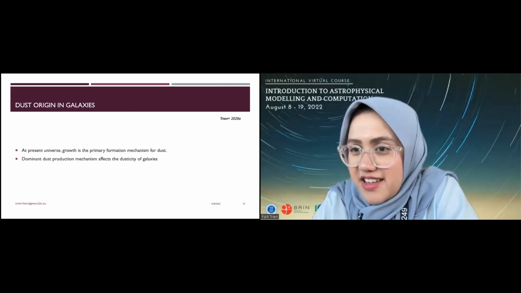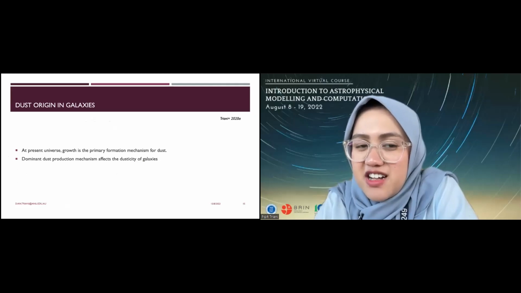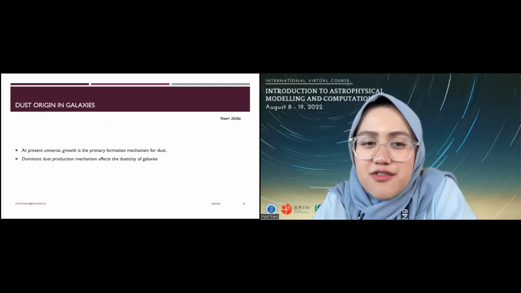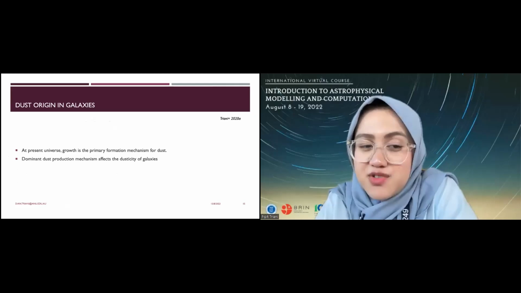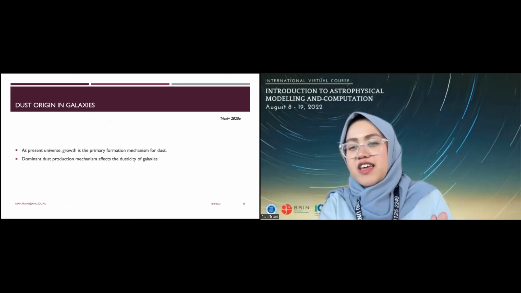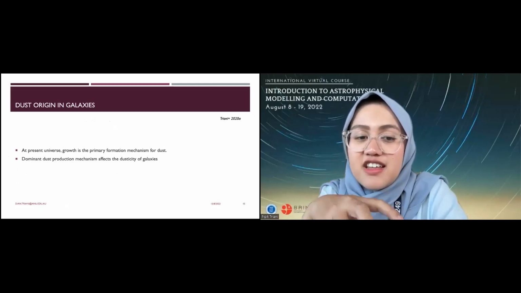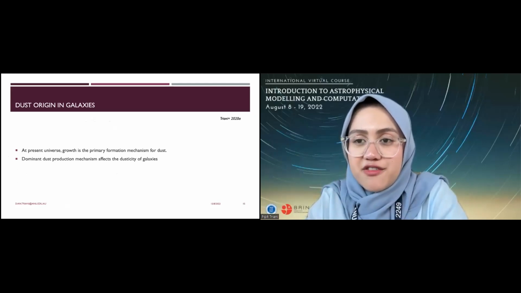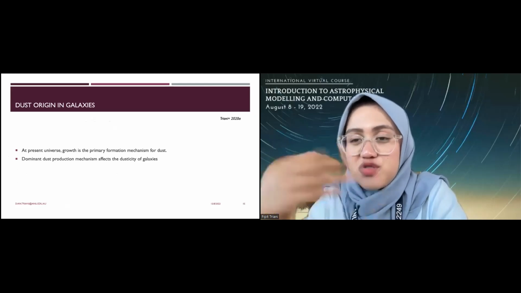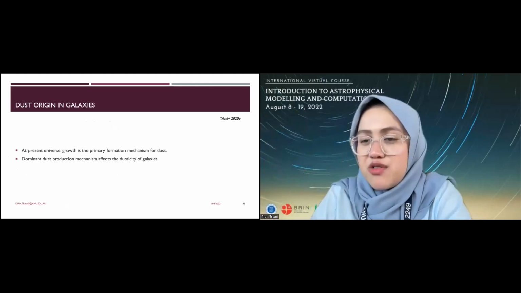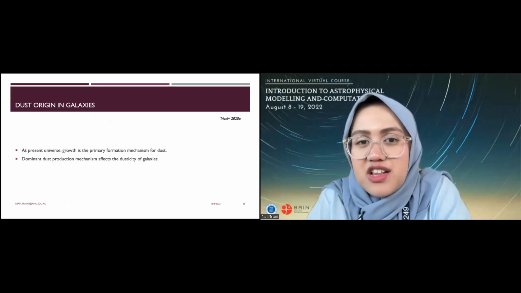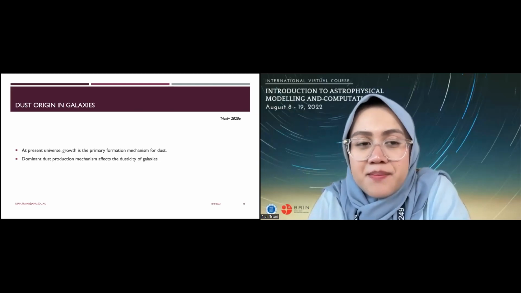So that's basically the TLDR for this first result: in the present universe, all of the galaxies mostly form dust by accreting the metals instead of stellar dust production. And the dominant dust production mechanism affects the dust-to-metal ratio, which shows the dust content of galaxies relative to their metals.